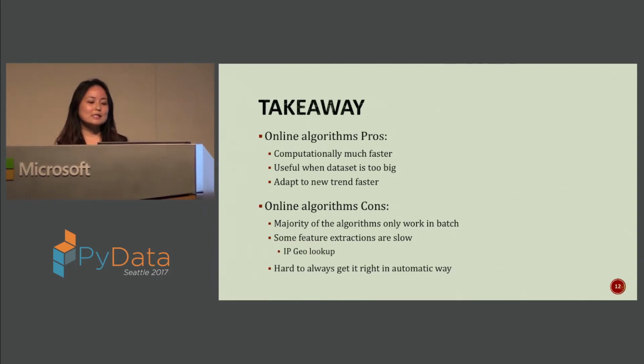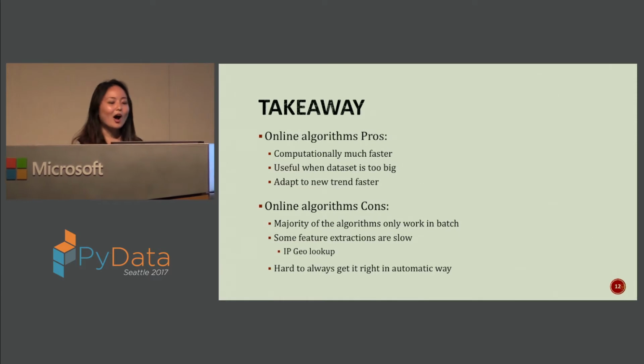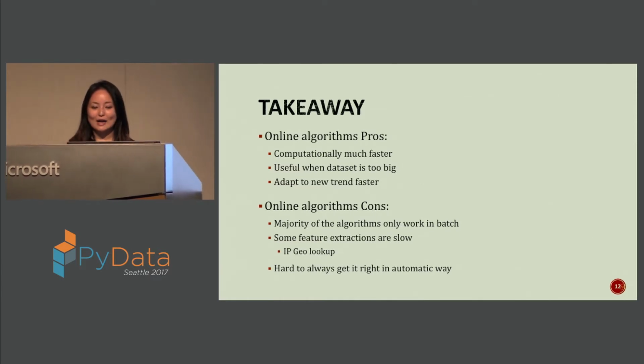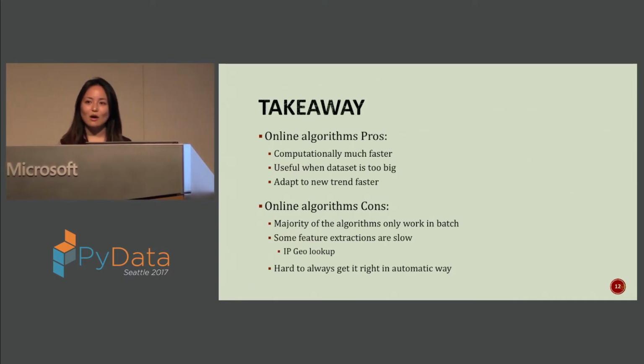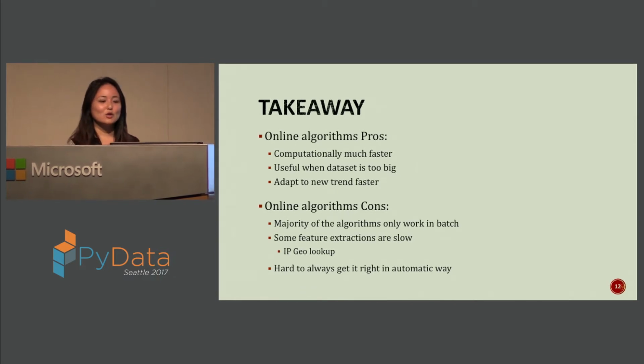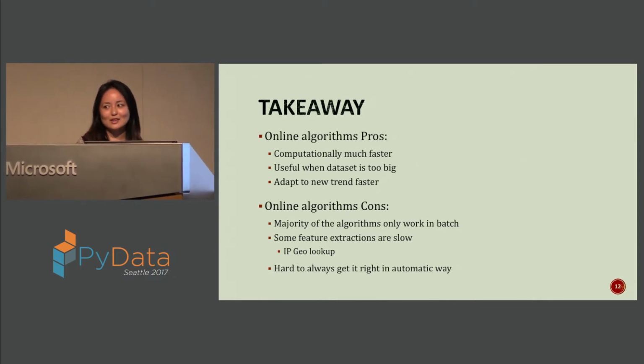Another thing is that it can be hard to always get things right in an automatic way. If you do online learning, sometimes you have less control of the data that goes into the system. You can't massage it and play around with it to decide whether you want to feed it into a model or not. It usually just goes into the model.